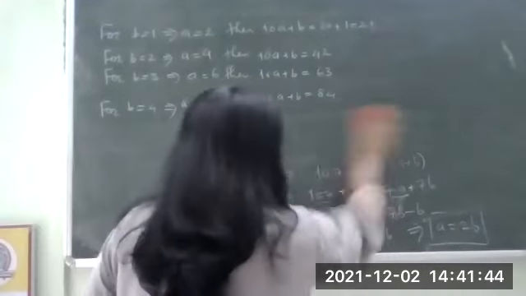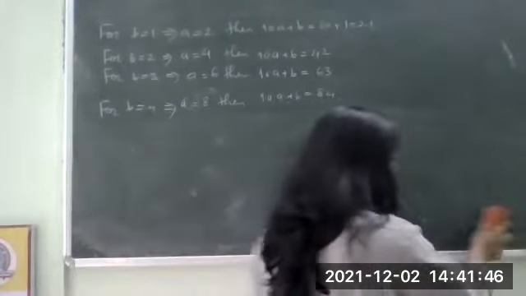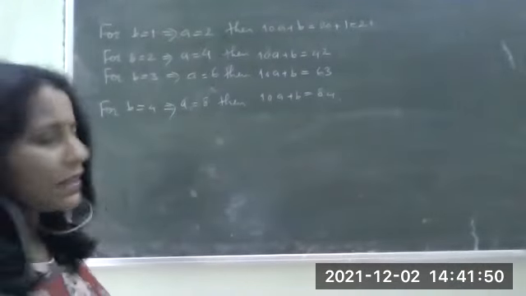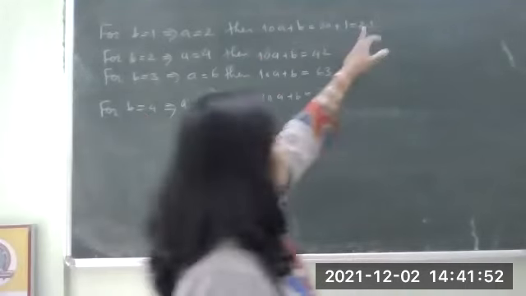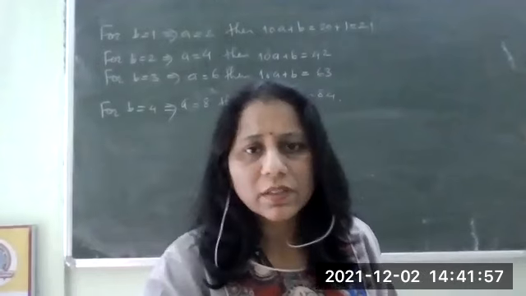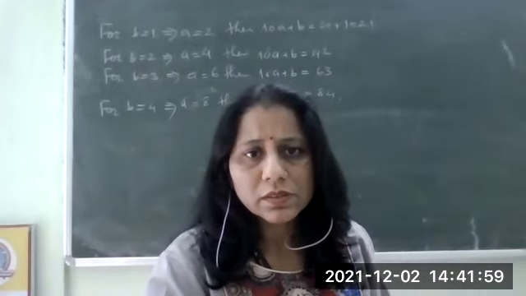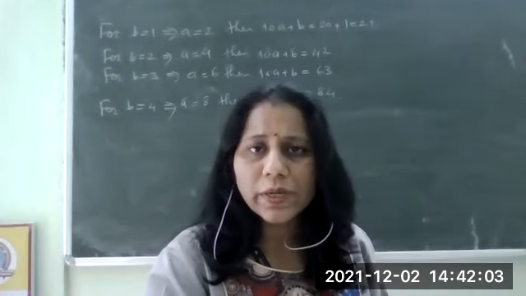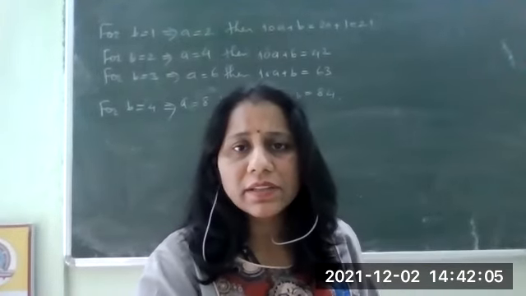Now let us see whether these values satisfy the condition or not. If I divide 21 by the sum of its digits, 2 plus 1 is 3. So 21 upon 3, is it 7?